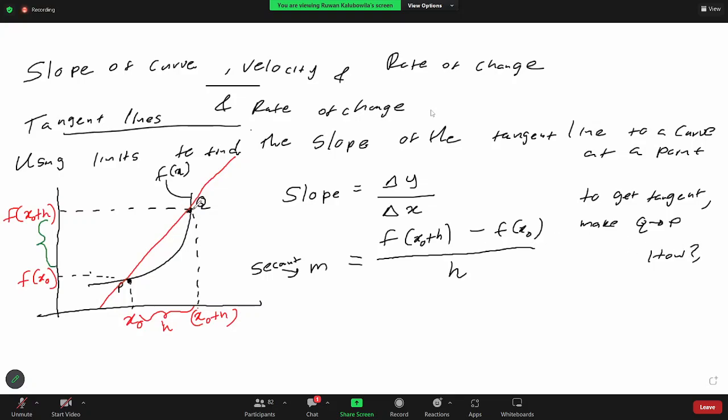How do you bring this Q point really close to P? The only thing is, you have to minimize the h. You have to minimize the h.